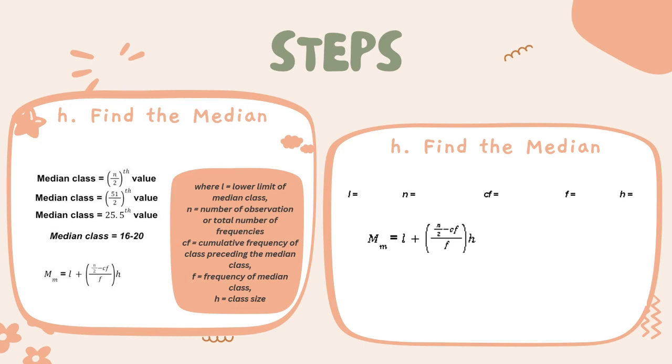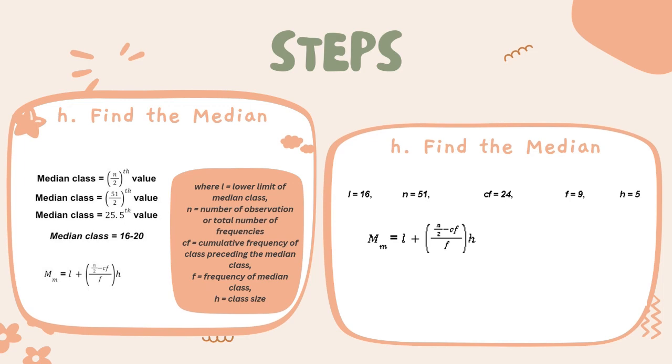Again, to get our median, we will use the formula below. First, we substitute the values in the formula, where L is the lower limit of the median class, which is 16, N is the number of observations or total number of frequency, which is 51, CF is the cumulative frequency of the class preceding the median class, which is 24, F is the frequency of the median class, which is 9, and H is the class size, which is 5.